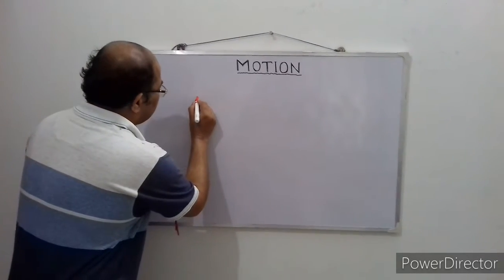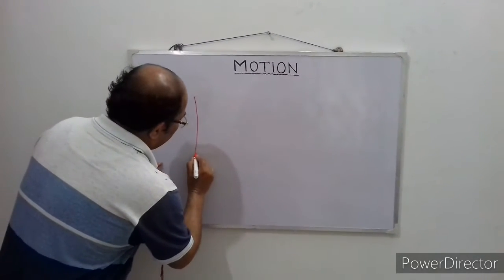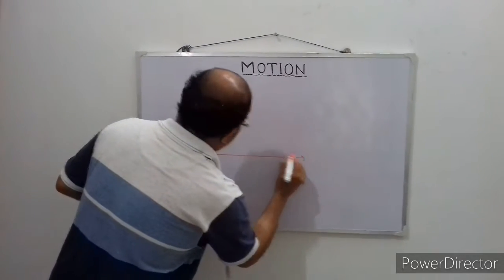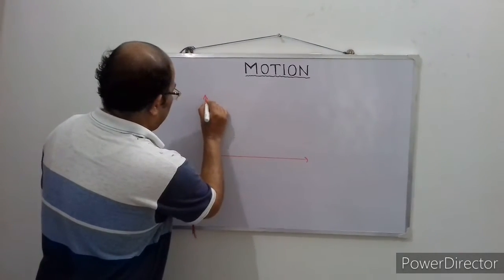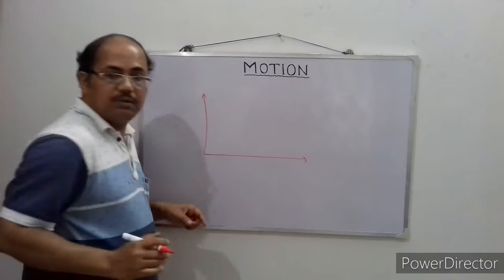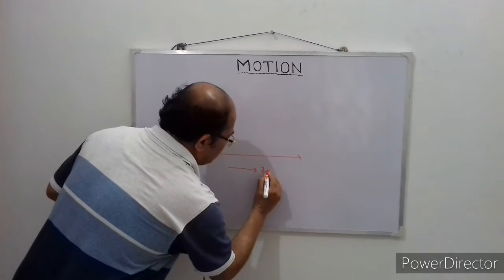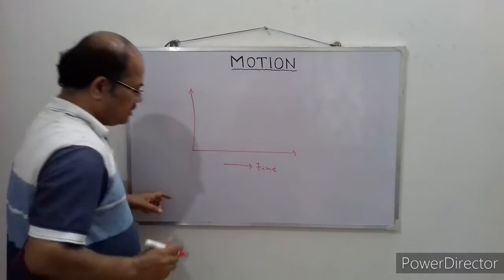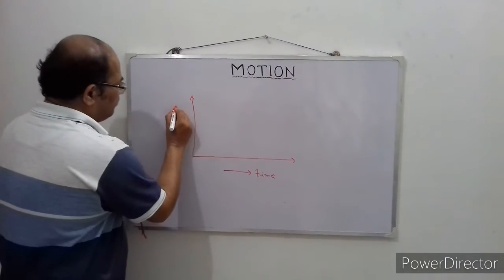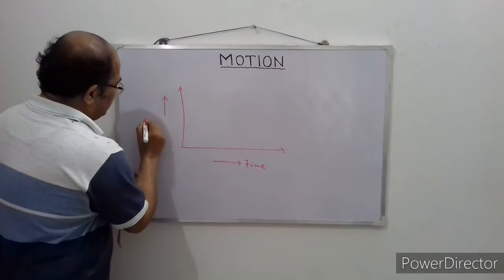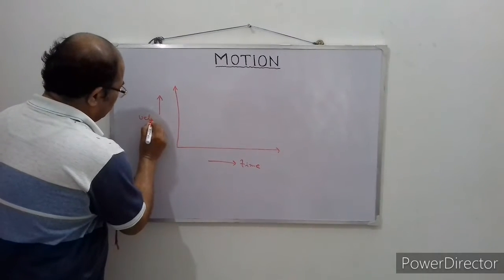Now let us look at the velocity time graph. This horizontal axis is for time and the vertical axis is for velocity.